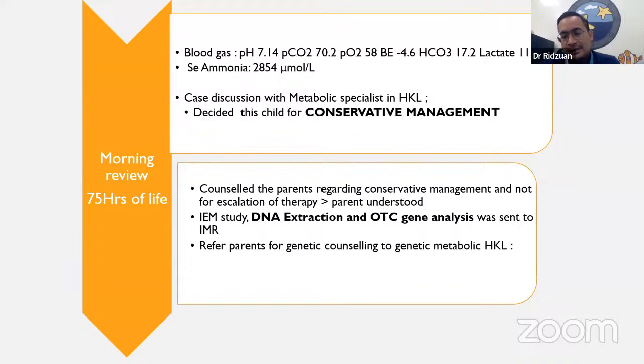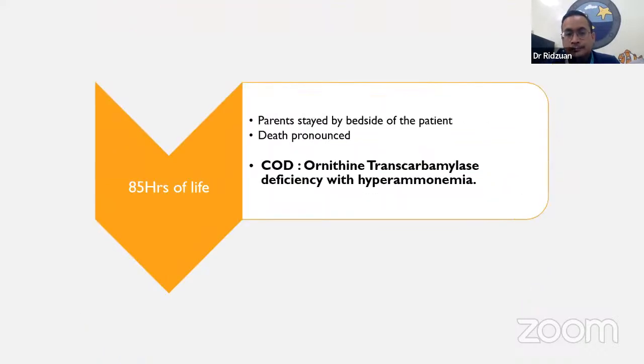After discussion, we decided on conservative management for this baby. The parents were counseled and understood about the conservative management, and we sent for IEM study, DNA extraction, and OTC gene analysis to IMR. We also referred the parents to genetic counseling for genetic metabolic at HKL.